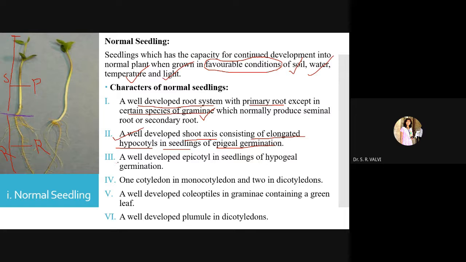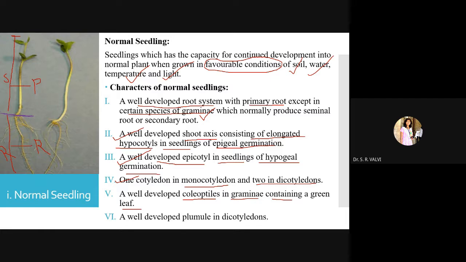A well developed epicotyl in seedlings of hypogeal germination, right? So a well developed epicotyl should be there in case of hypogeal germination, with one cotyledon in monocot and two cotyledons in dicot. Then a well developed coleoptile in Gramineae containing a green leaf, right?